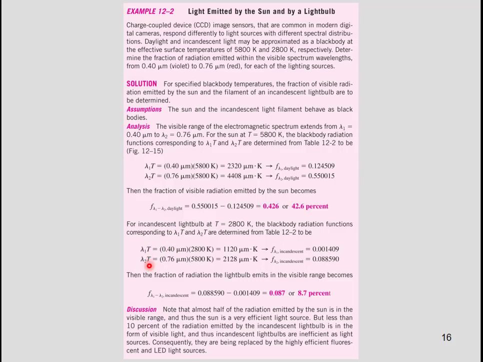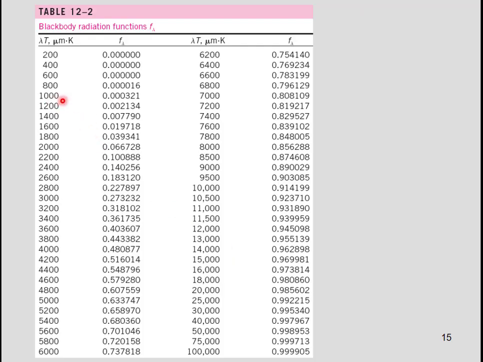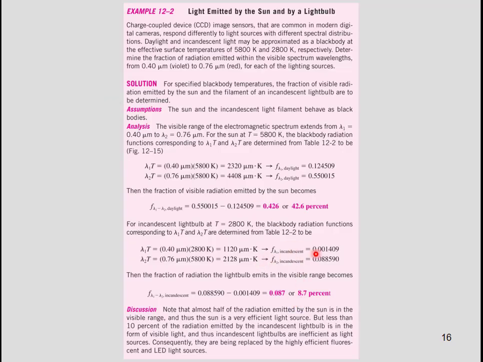We can find this lambda 1 T, which is 1120, for example. It is near this, and you can see it between these two. We can find F lambda 1 for the temperature of 2800 actually. And also we can calculate lambda 2 T, which should be for 2800.